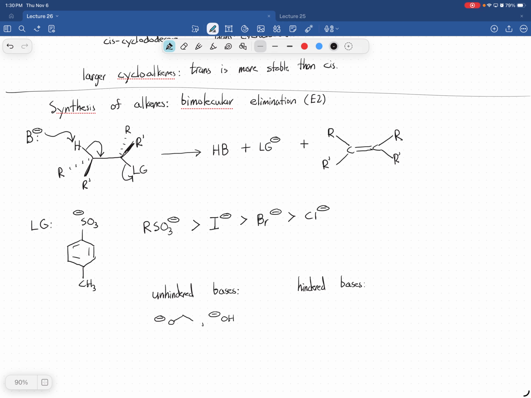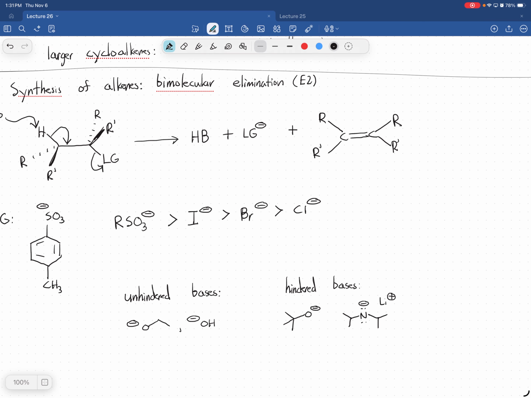Our hindered bases are substituted at the oxygen atom, so O minus right here. The other common one is LDA, this guy, with lithium plus. The other counter ions can be sodium or potassium, it doesn't matter as long as they're somewhat water soluble. Let me zoom in there a little bit.